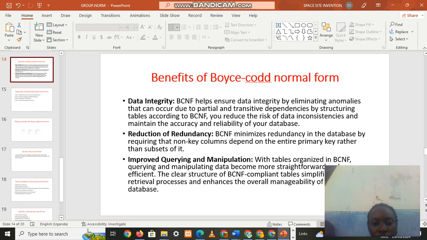So improved querying and manipulation: in Boyce-Codd with tables organized in Boyce-Codd, querying and manipulating data become more straightforward. The clear structure of Boyce-Codd normal form compliant tables simplifies retrieval processes and enhances the overall manageability of the database.